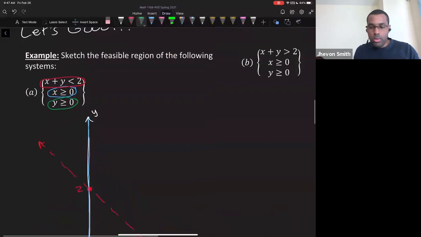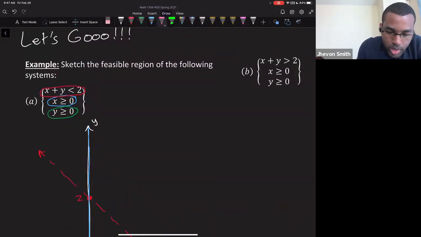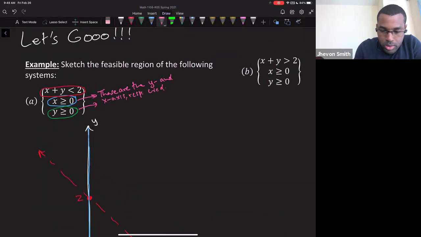These are the y and x axis respectively. We don't have to sketch these on top of the axes we already drew.